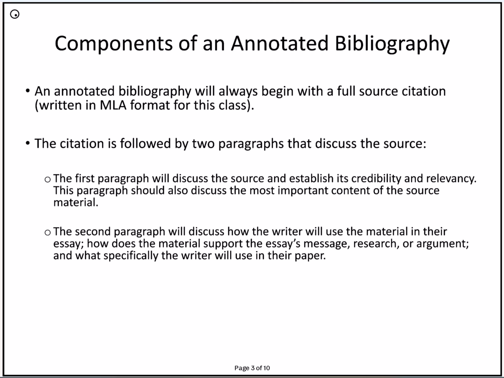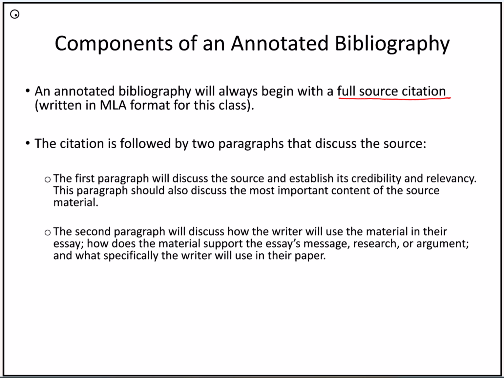So there are some components of the annotated bibliography that will need to be included in your paper, and so the first will be a full source citation. So this is a little bit different than, say, a typical paper.